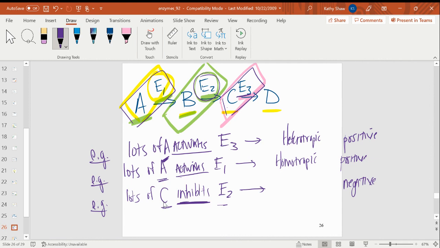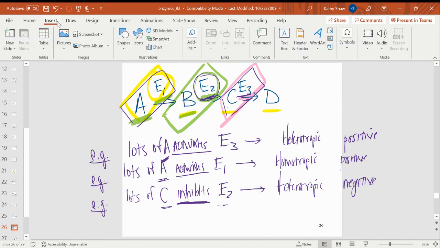C is actually the product of E2, but the substrate of E3. So it's not the substrate. So we're heterotropic. So dig through it that way, because your answers, your offers, of course, will be heterotropic positive, heterotropic negative, homotropic positive, homotropic negative. So go through like that, very mechanically, like we just did, and you'll be fine.